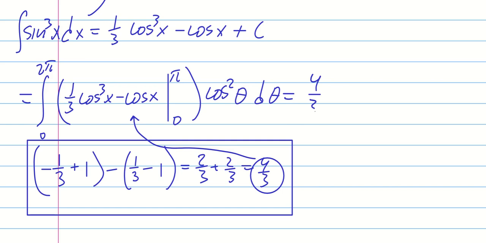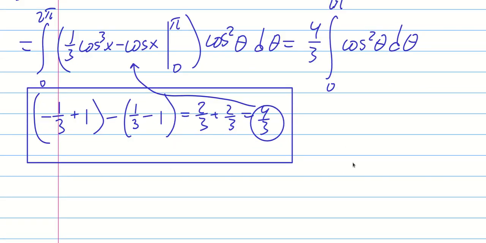So 4/3 goes outside. We have an integral from 0 to 2 pi of cosine squared of theta d theta. And this one we've done a couple of times this semester, but again, if you look up the answer for the integral of cosine squared of x dx, you're going to get 1/2 x minus 1/4 sine of 2x.